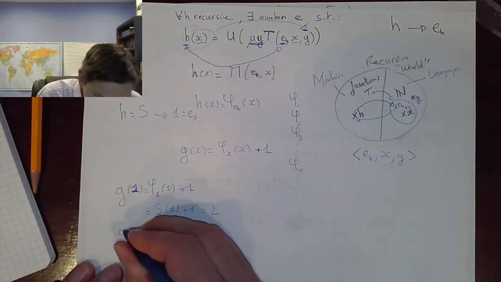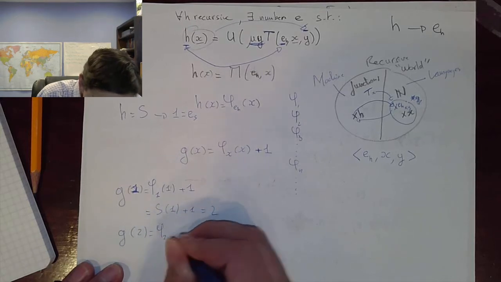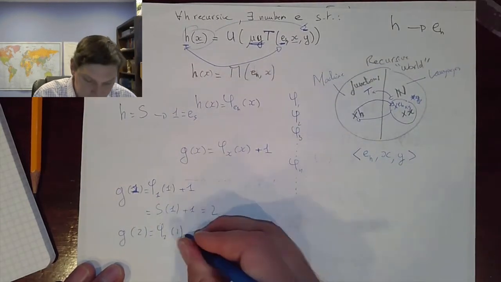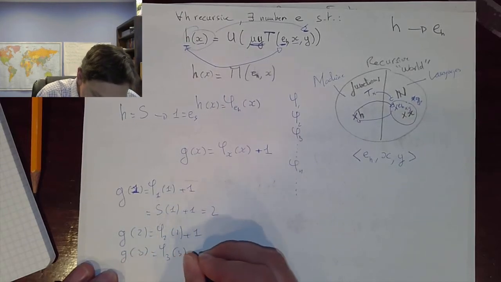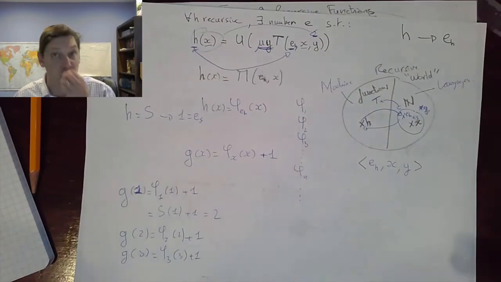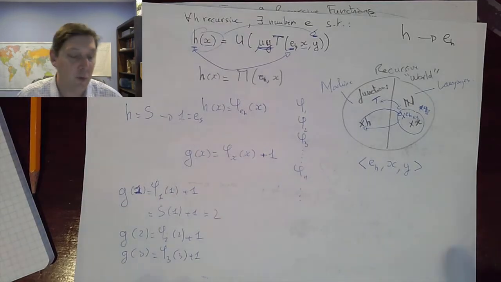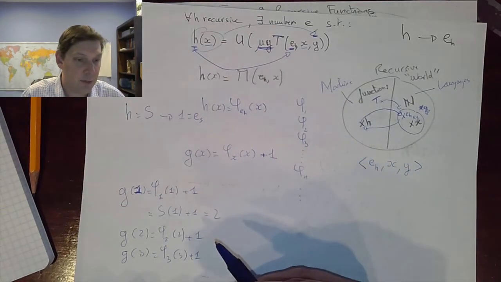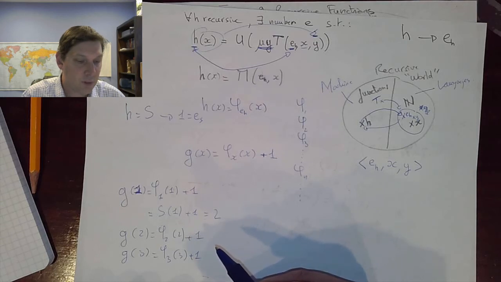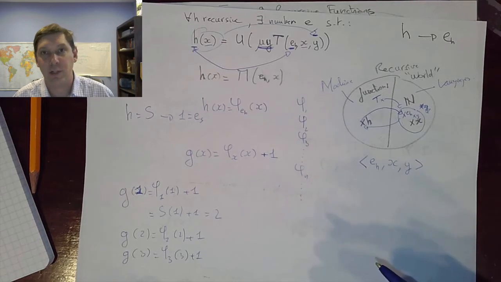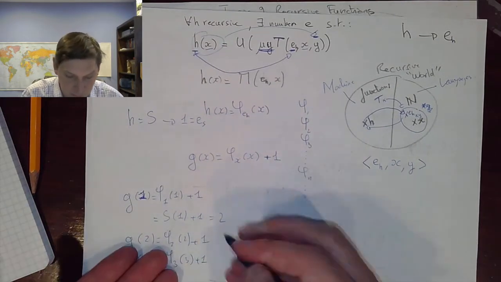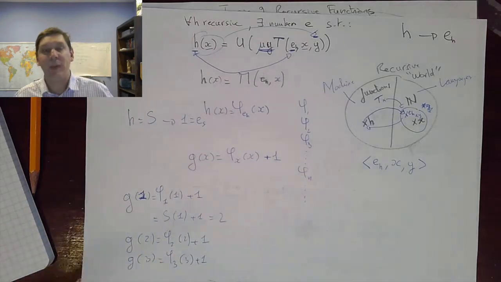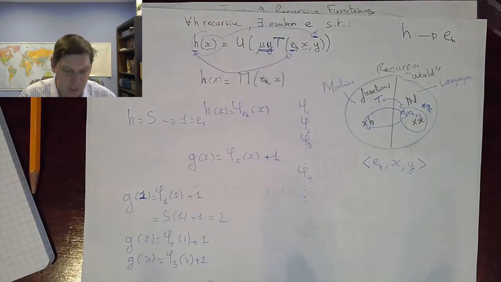And g of 2 is going to be phi2 of 2 plus 1. g of 3 is going to be phi3 of 3 plus 1. Phi2 of 2 is going to be another function, for instance the projection on 2, so you get 2 plus 1, which is 3, etc. Anyway, just for the sake of understanding how it works.